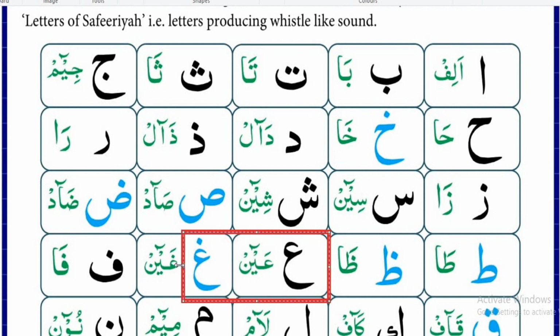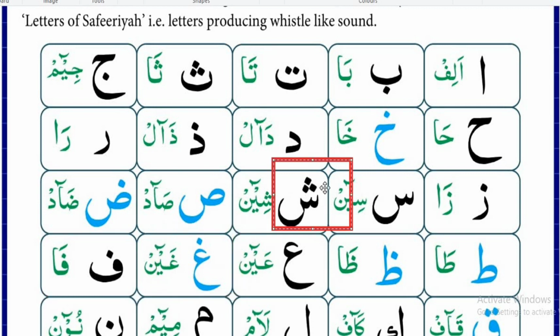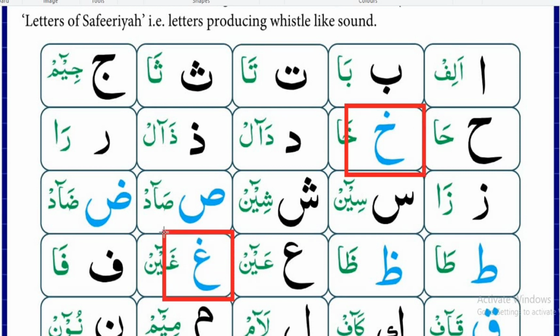And one more time, two letters, same shape. The difference is the dot. The first one, as usual, without the dot, is called ayn, and with the dot on top, that is ghain. Both these two letters are pronounced from exactly the same point.